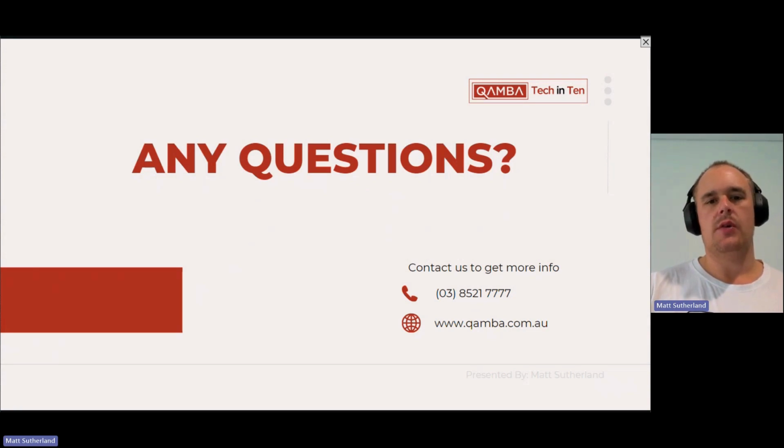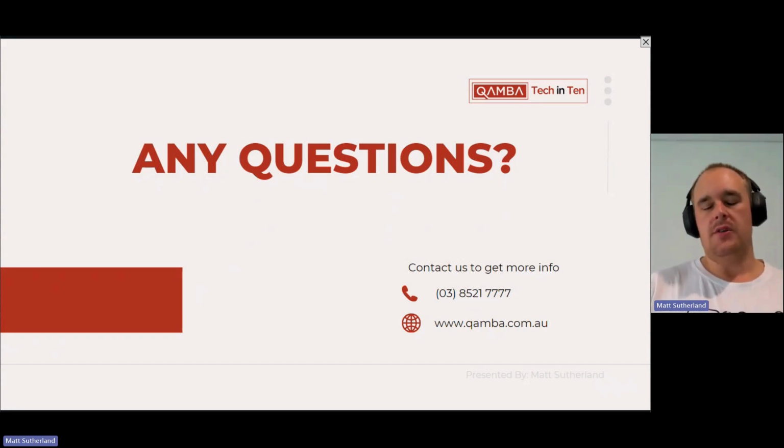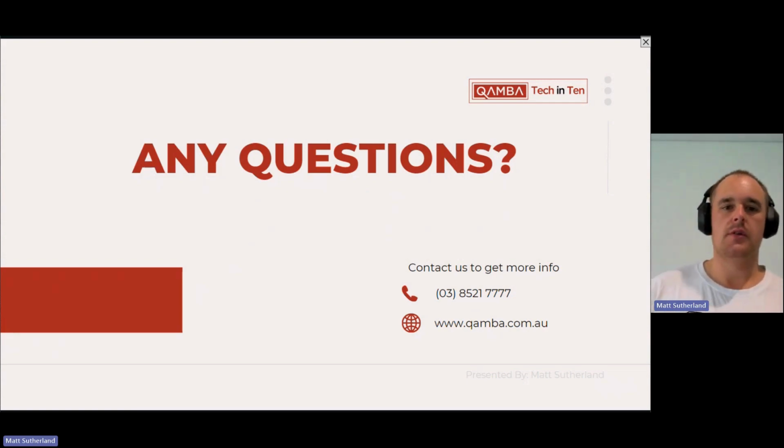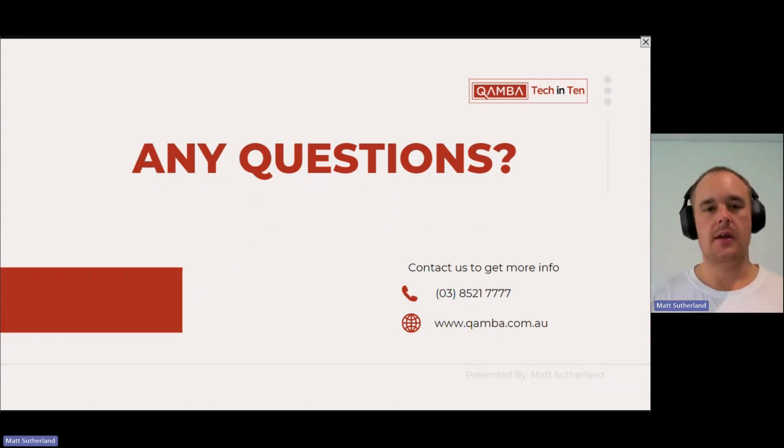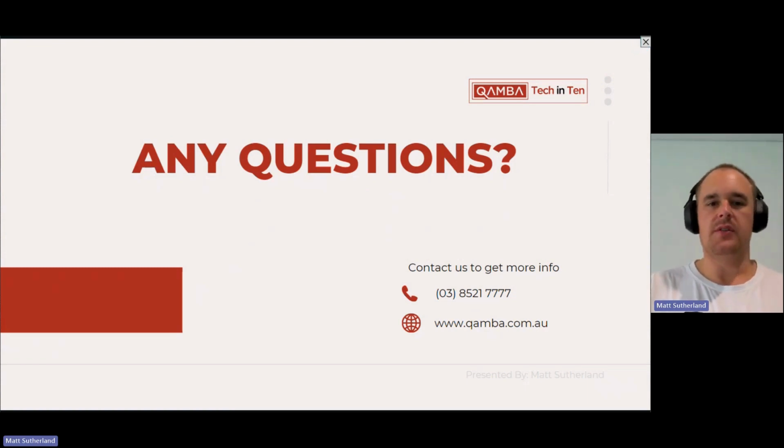Next one we have is, how can OneDrive and SharePoint be accessed from various platforms securely? If you have a mobile device at all, Windows, Mac, obviously iPhone, Android, they all have apps for OneDrive. So you can use the OneDrive app to connect. Of course, it's going to depend on the policies of your organization, whether you're allowed to use personal phones to connect to work data, but it will ensure that you've got encryption, and you can configure multi-factor.